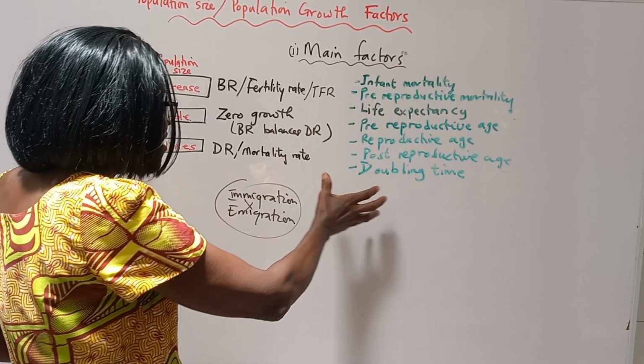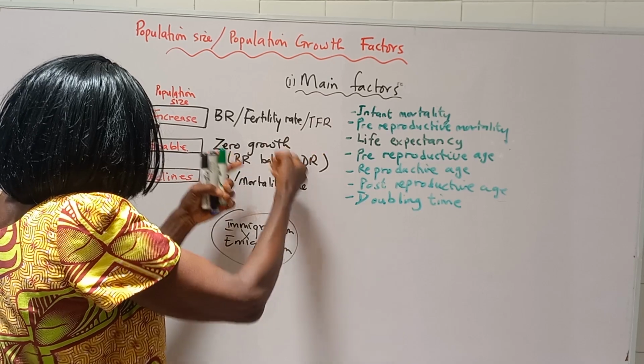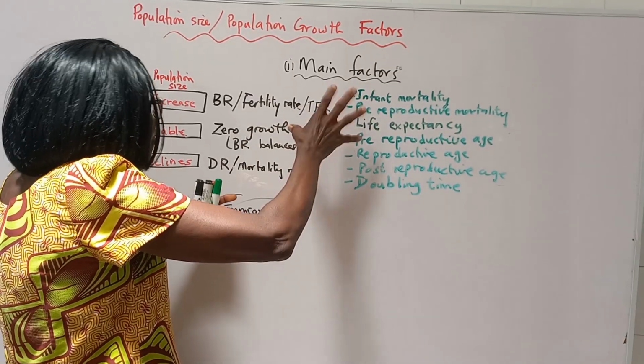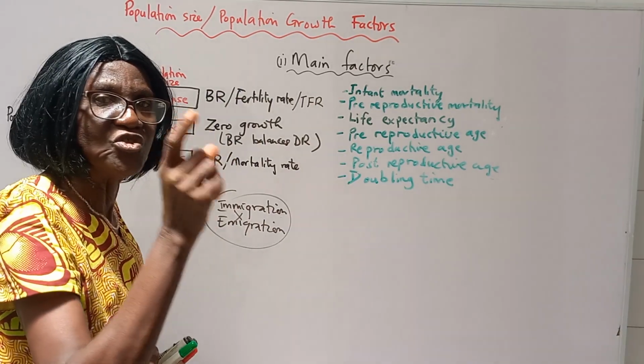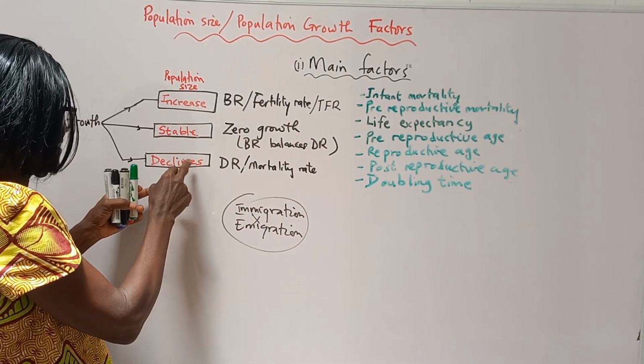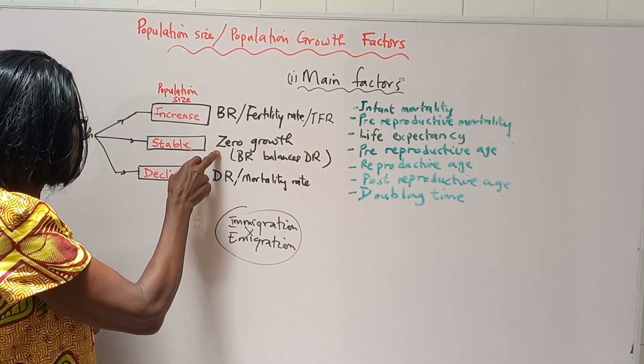These are some of the important factors that go with birth rate and death rate, and the outcome of all these will then show that the population is increasing, the population has declined, or the population remains stable at zero.